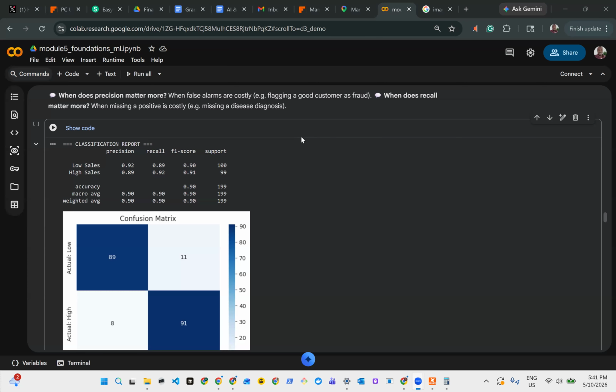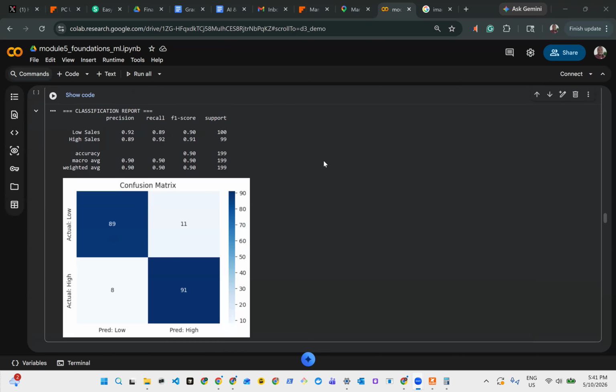Here we also have a table that we generated through the code. You can look at the code by clicking on show code, but for now we are not putting our effort into understanding the code this time. We just want to understand the concept. So here we have precision, recall and F1 score. And in the last column, you see support.